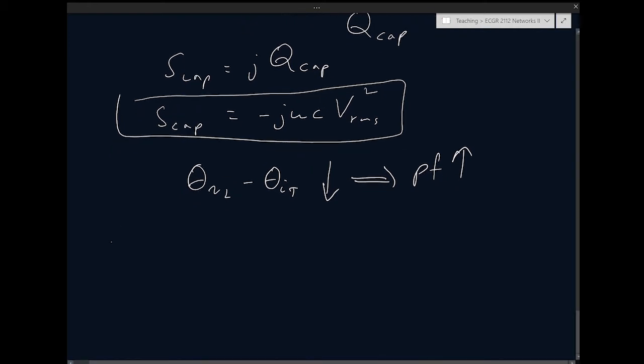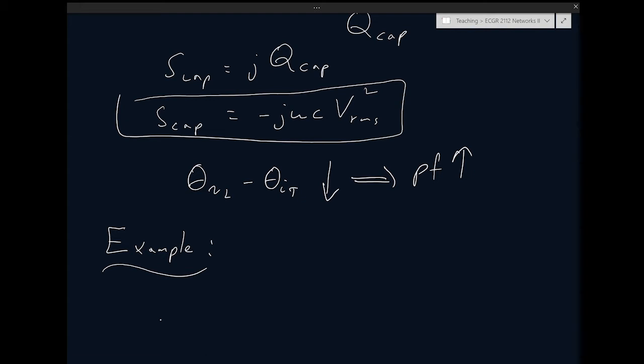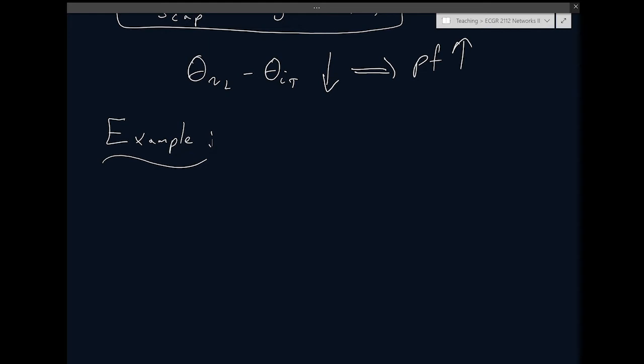Okay, let's do an example. This is, I think, clearer when we do a bunch of examples. So let's do some examples from the textbook.